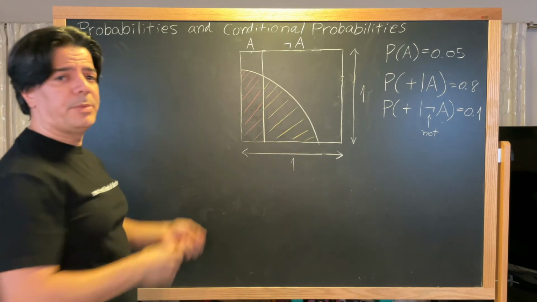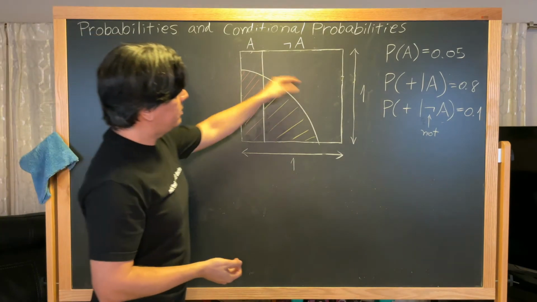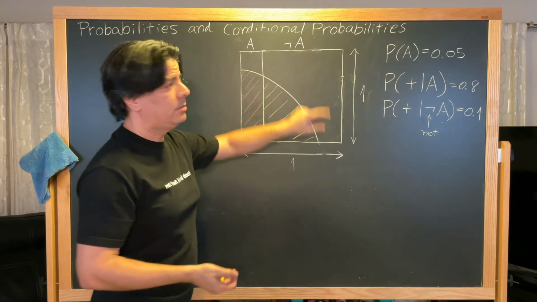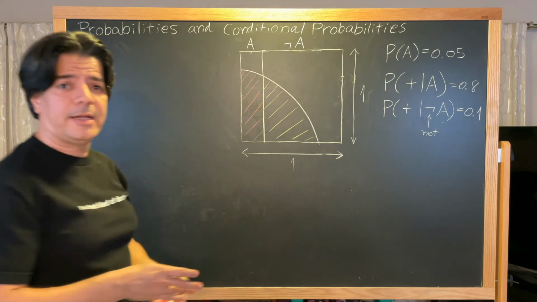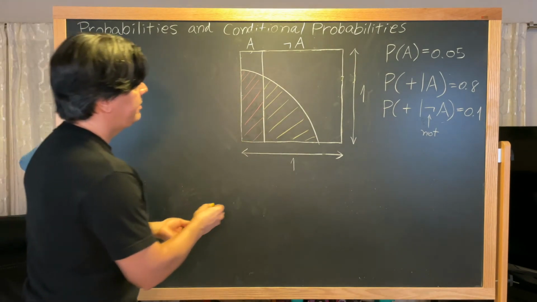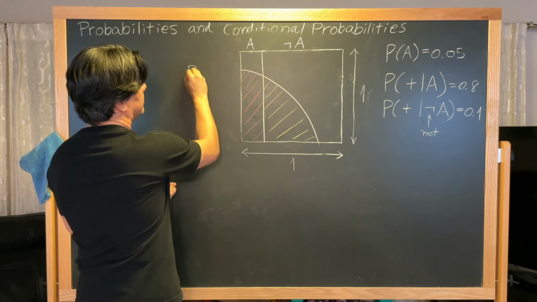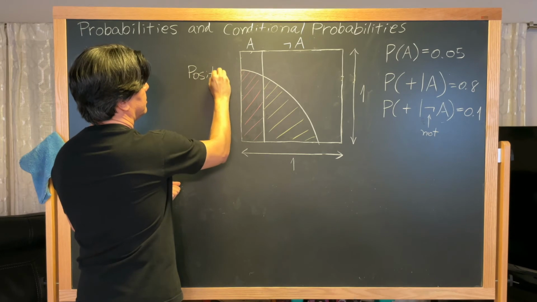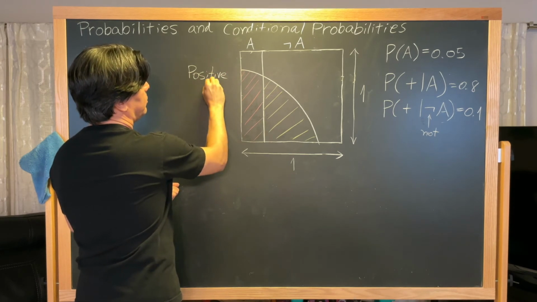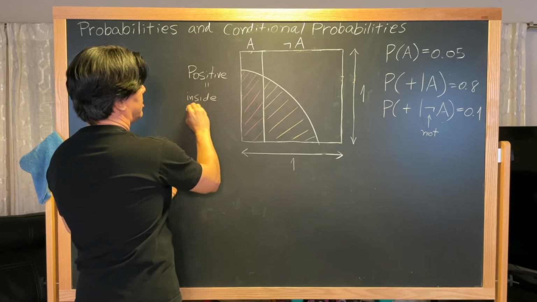So if you're in the colored part, the test returned positive for you. And if you're in this non-shaded part, be it here or there, it's a negative, right? The painted area means the test is positive, right? So positive test equals inside colored area.